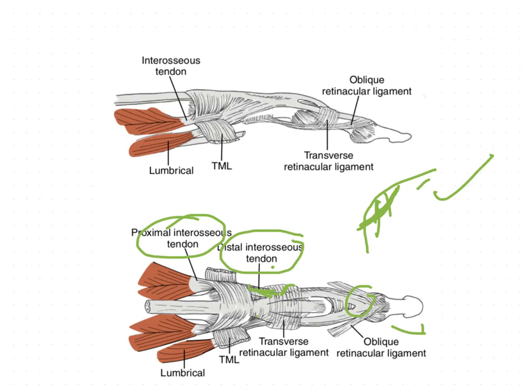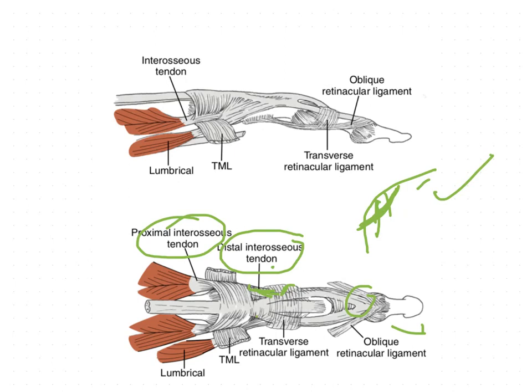So the index and little fingers are therefore weaker in IP extension than the middle and ring fingers, which each have two interossei with distal attachments. The middle and ring fingers have the second and third dorsal interossei and the second volar and fourth dorsal interossei respectively.